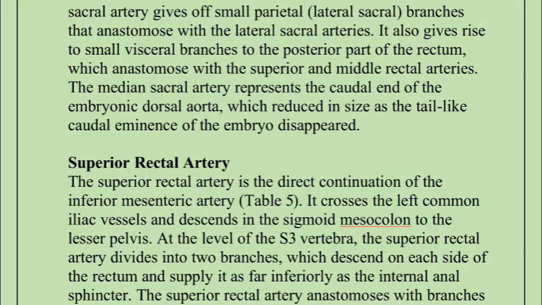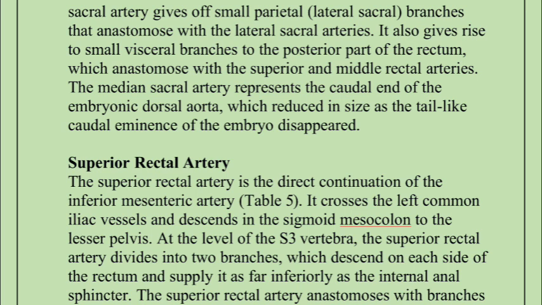The superior rectal artery is the next artery I want to talk about. The superior rectal artery is a direct continuation of the inferior mesenteric artery. The superior rectal artery crosses the left common iliac artery and vein and descends in the sigmoid mesocolon to the lesser pelvis.